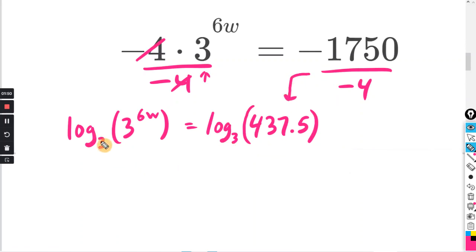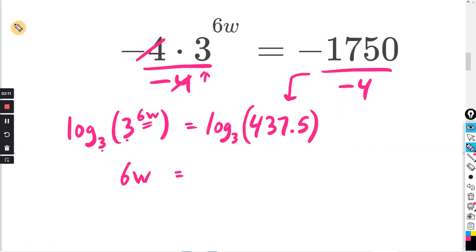Again, remember when the base of the log matches the base of the number with the exponent, the answer here is just the exponent. So this evaluates to 6w. And on this side, I am going to do the change of base formula.